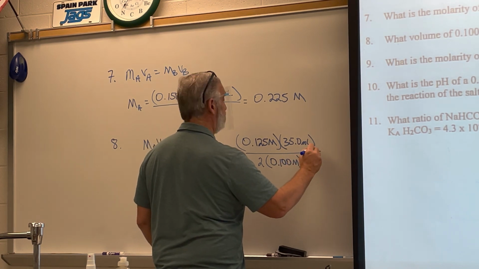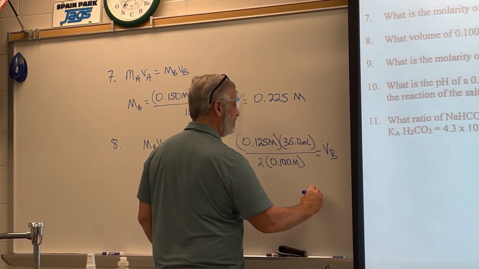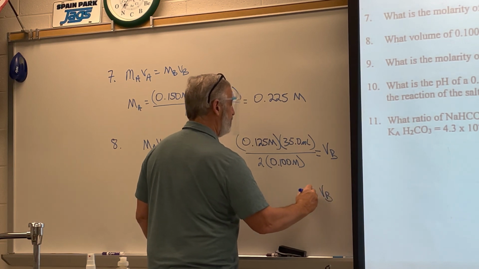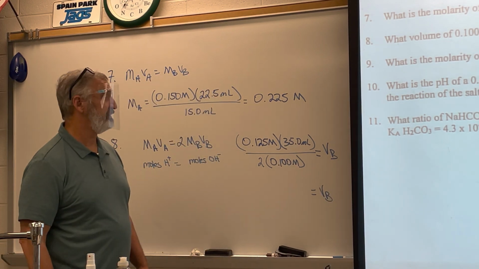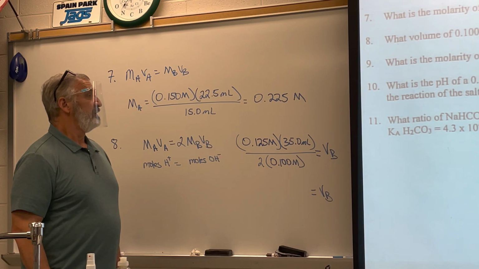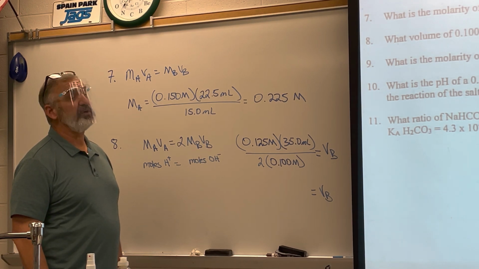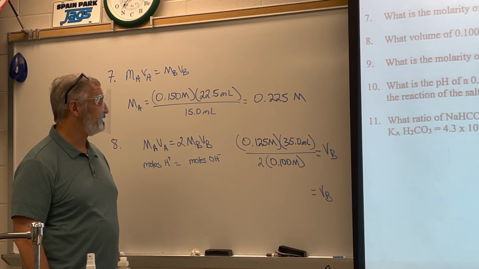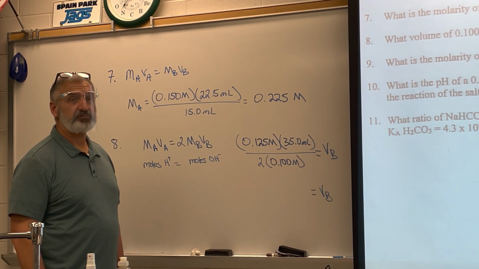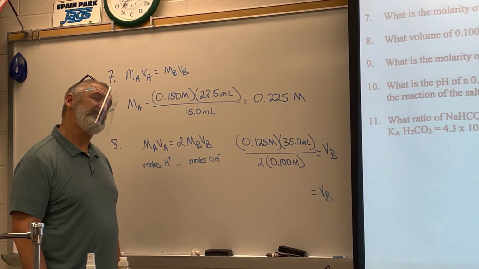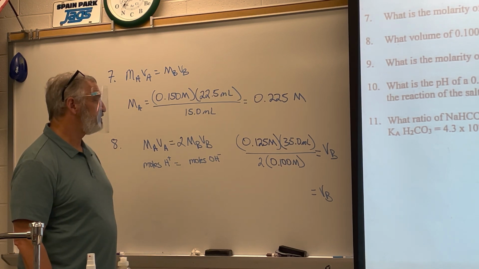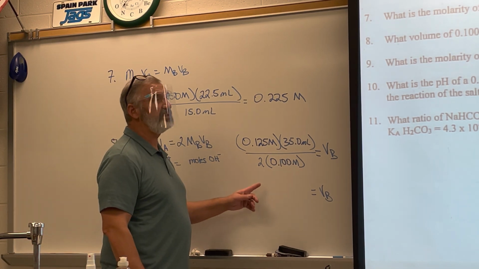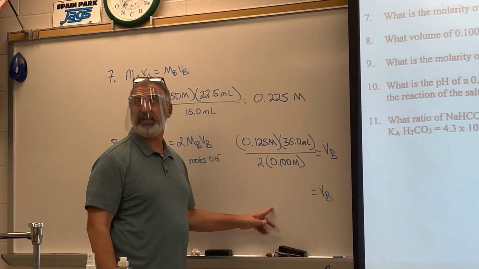And that's going to equal the volume of the base. Which means we're going to probably have to use half of what you thought you needed to use. What does that come out to? Say it loud up in here. 21.875. So let's go to 3 sig figs, 21.875, so 21.9.